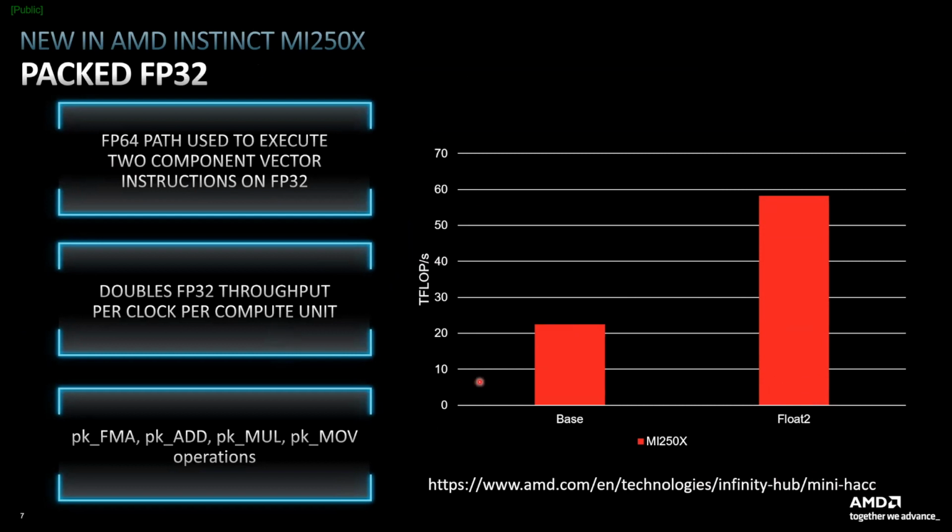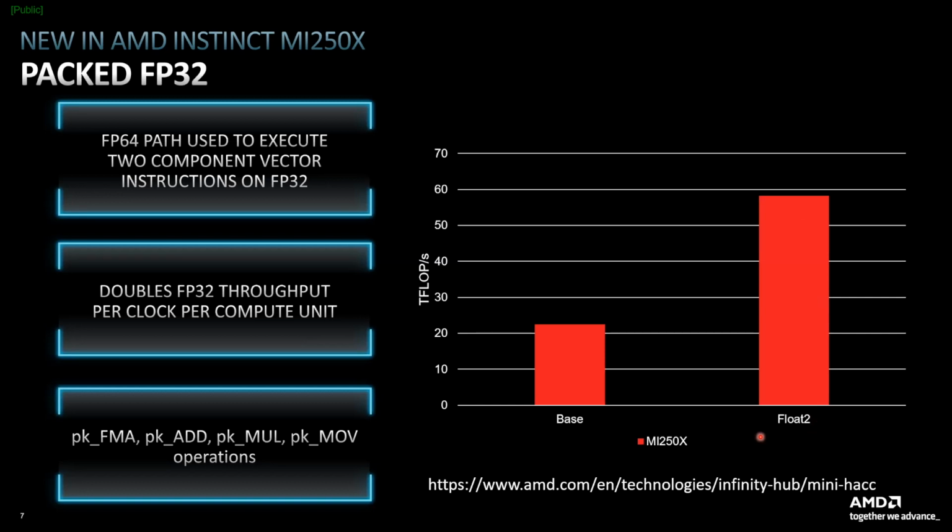So what happens here is that we're achieving in the base around 22 teraflops, while with the packed it is 58. 22 to 58 is above double, because with float2, which is the packed FP32, it's not just packed FP32 running double the throughput, but they optimized data structures and leveraged the LDS memory better also.